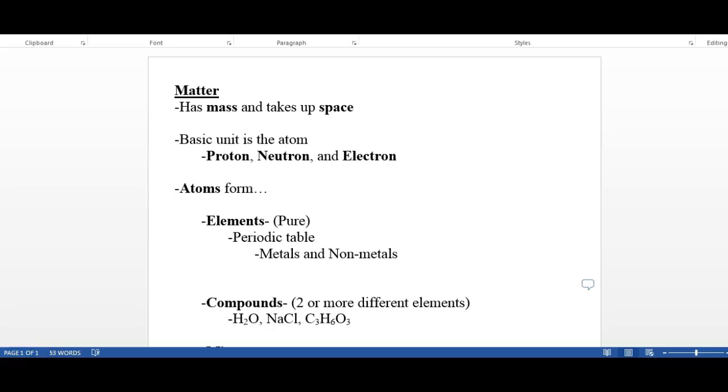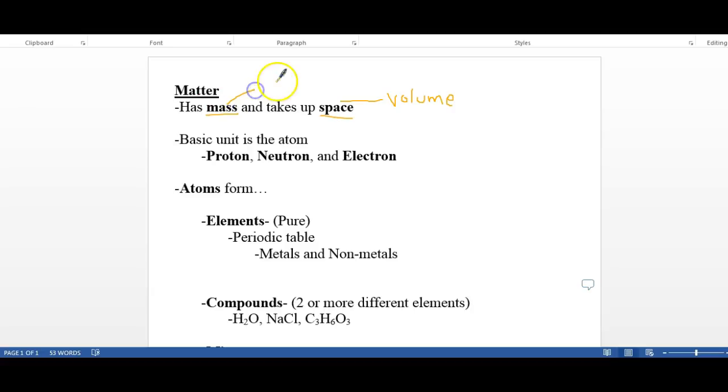Okay, so we see has mass, takes up space, and these are really two measurements. Space is volume, so we have volume, and then mass is going to be something where it's made up of atoms. It has substance to it.